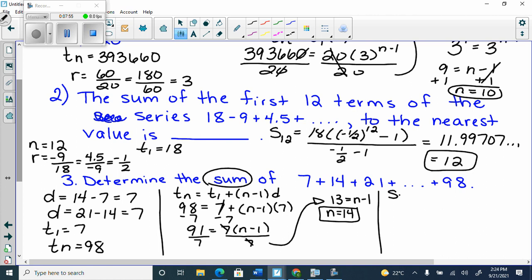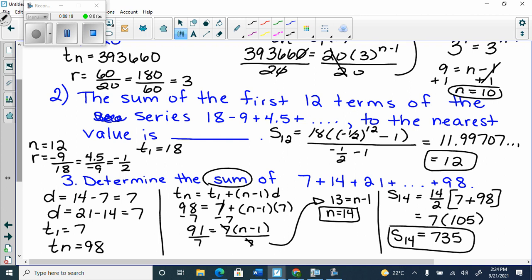So S14 equals 14 divided by 2. You could have used the big one, but it's the same answer, just shorter. T1 is 7 plus Tn, which is 98. So we get 7 times 105, which is 735. And voila.